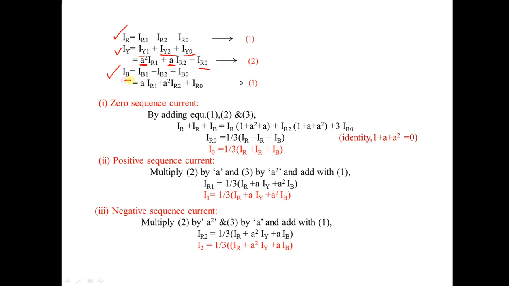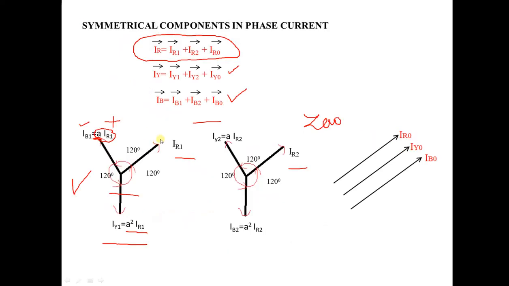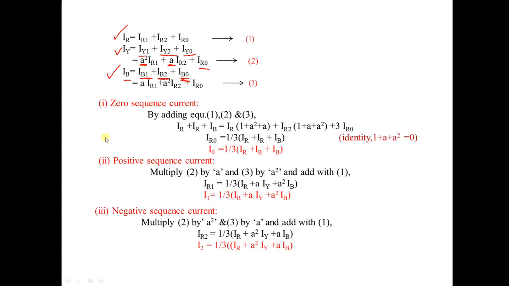Similarly for B phase, we are just taking the positive, negative and zero sequences. Here there will be a change. For the positive sequence, from the previous diagram, IB1 is A IR1.